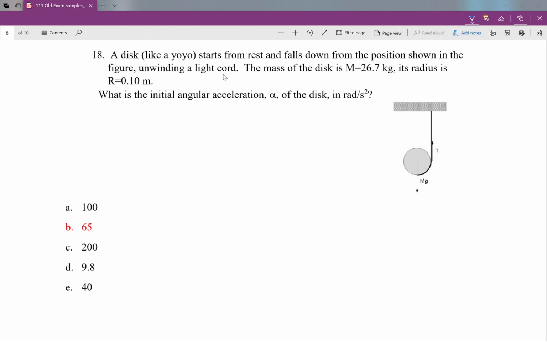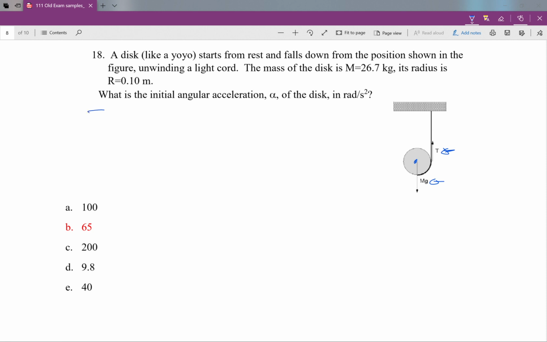What's going to happen here is, believe it or not, the tension, the magnitude of the tension, is proportional to the gravitational force mg, even though it's not acting at the center of mass. We're going to use Newton's second law in such a way that we include tension in the equation.